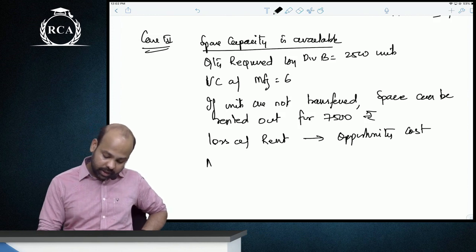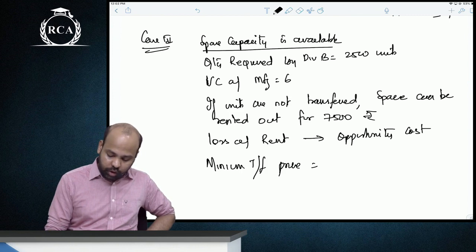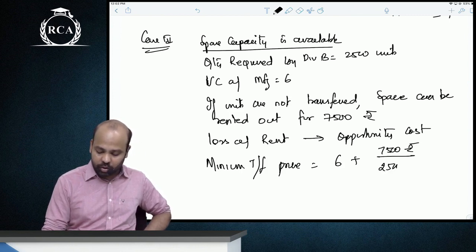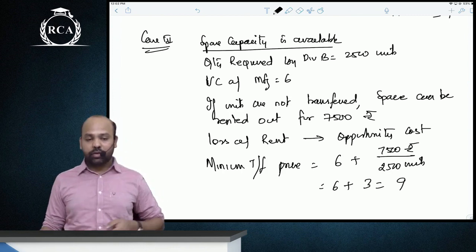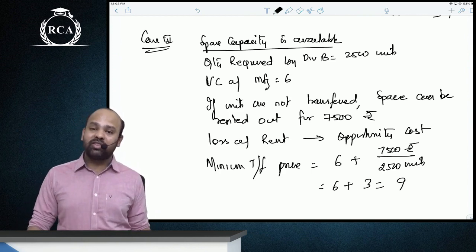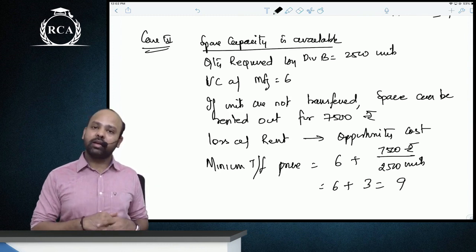So here when you write minimum transfer price, you will not only want to recover 6 rupees, but also the 7,500 from 2,500 units. If you manufacture additional units and transfer internally, you will not be able to realize that rental income.